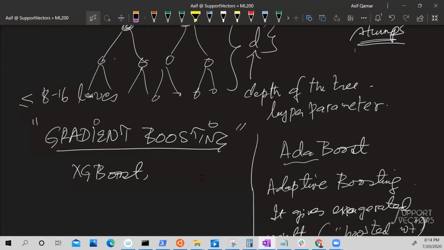Now, let us say that you want to build a tree of depth only 1. The first tree will be depth 1. It will pick 1 feature, perhaps the most important feature, right? Then that will make some mistakes. Then the second tree again gets to pick only 1 feature. It will pick some other feature, and then one by one, you'll keep on picking up features.